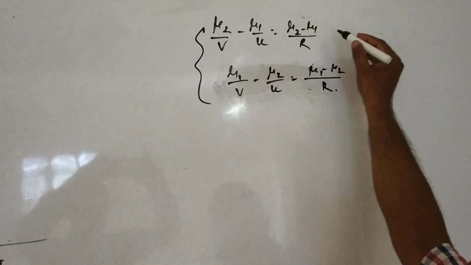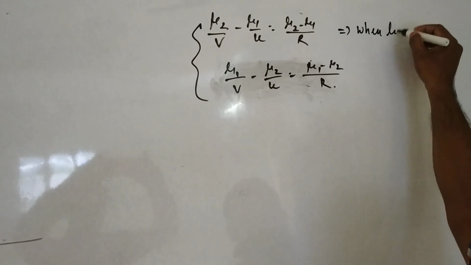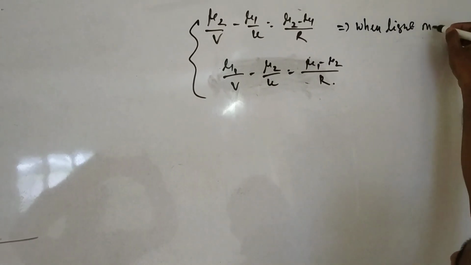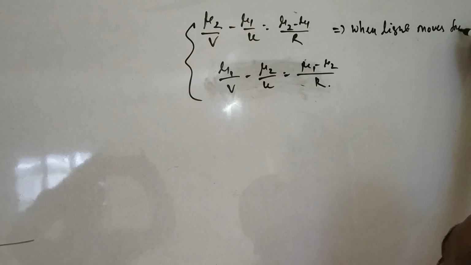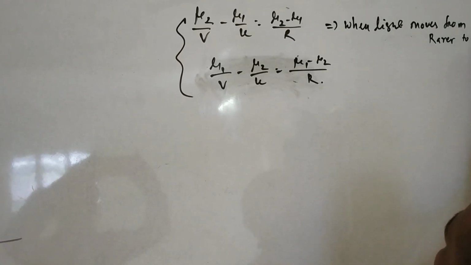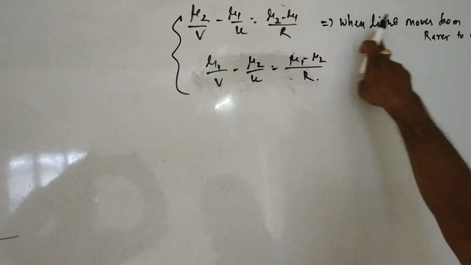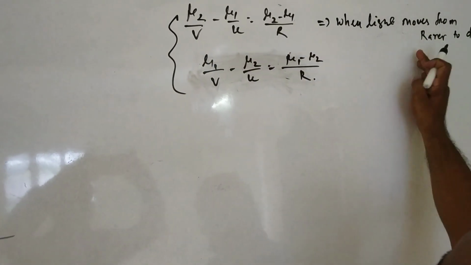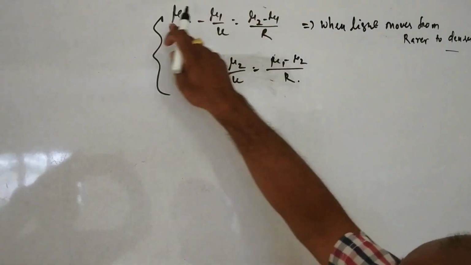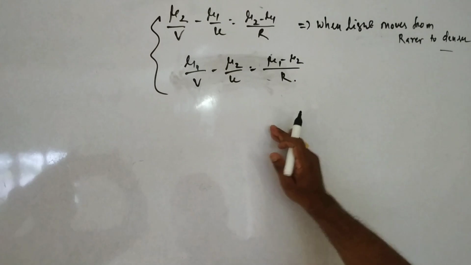This first formula is for when light moves from rarer to denser. So whenever light moves from rarer to denser, you will use mu2 by v minus mu1 by u equals mu2 minus mu1 by r.